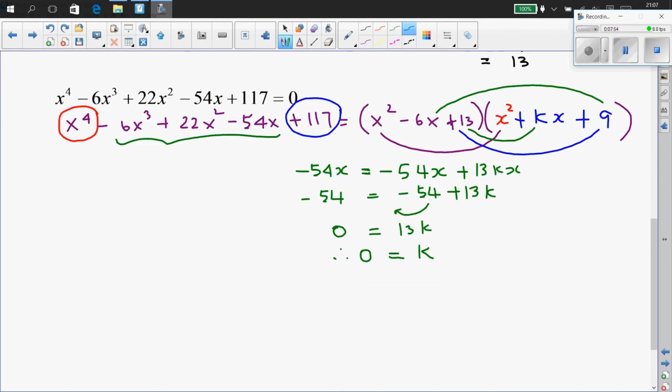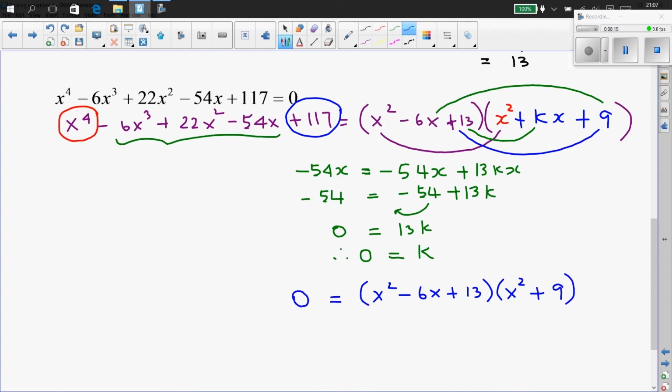Once again, I substitute this into the right-hand side of my equation. So I have x squared minus 6x plus 13 times x squared plus 0x, so I'm just going to write plus 9. And this must equal 0 because I need to solve for x.